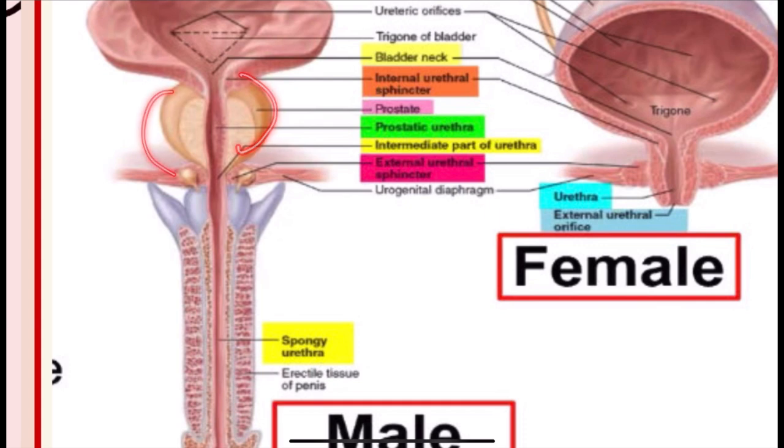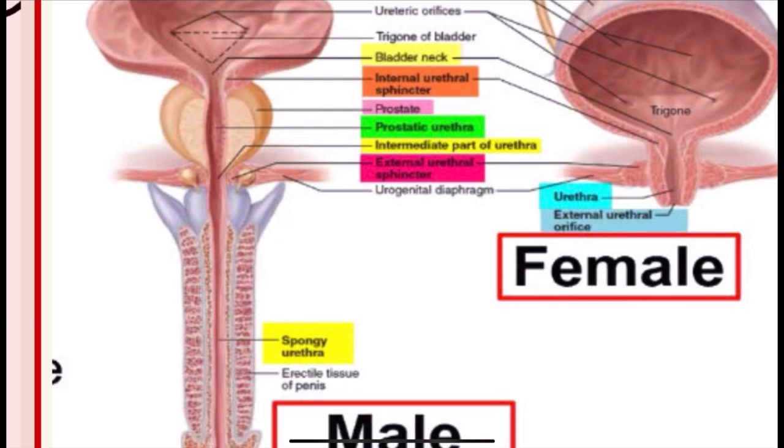So this is my prostate in the males, not in the females. In the males, above the prostate is the internal urethral sphincter. In the females, it's over here. So you can probably say at the base of the trigone. Trigone is of what? Of the bladder, right? So at this area, you're going to be finding the internal urethral sphincter.